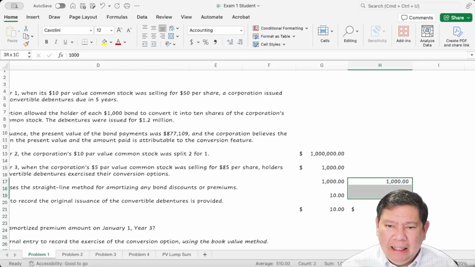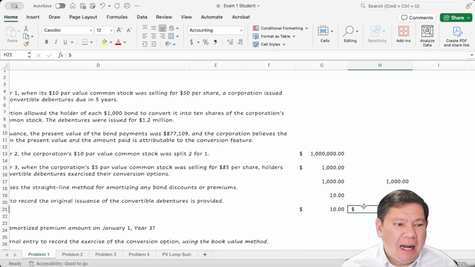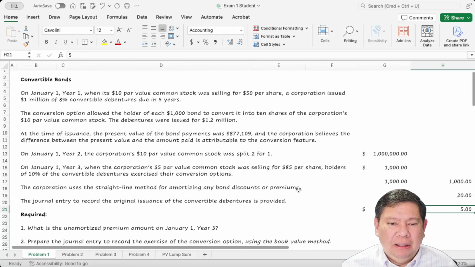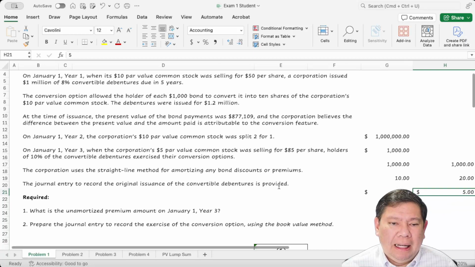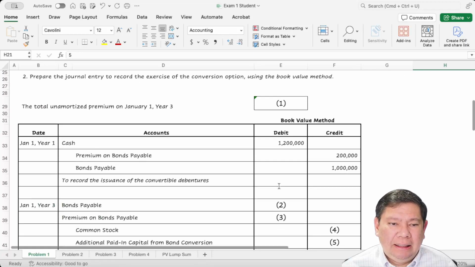The conversion rate is now 20 common stock at $5 par value. And 10% decided to exercise. So let's take a look at this.